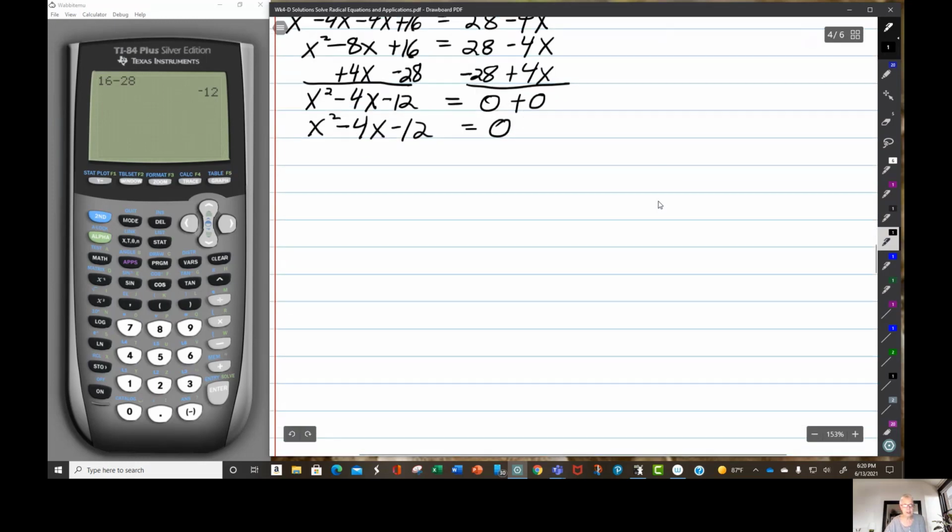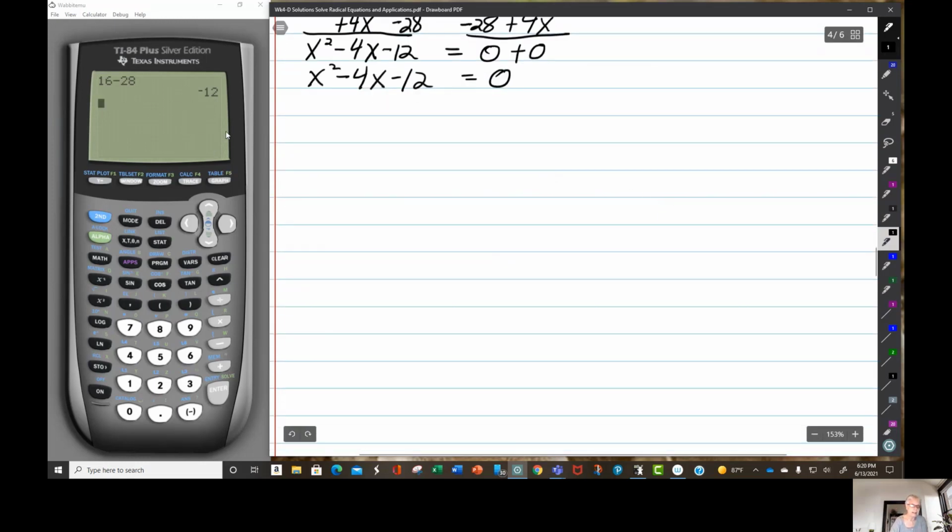And again, I factor, with 1 being my leading coefficient. Now let's see, negative 12 equals negative 6 times positive 2. And negative 6 plus positive 2 is negative 4.